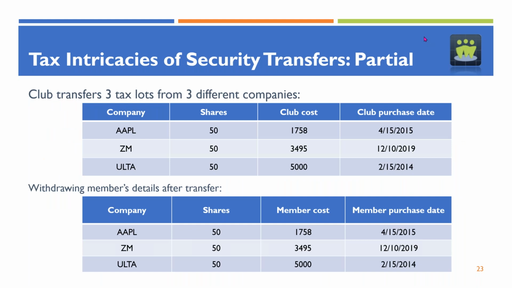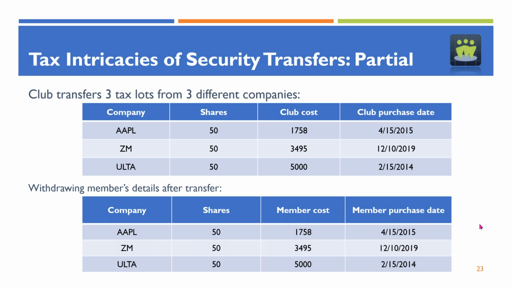So here's a quick table of security transfers for a partial withdrawal. At the top, these are the holdings of the club, and it's going to be transferring 50 shares of Apple, 50 shares of Zoom, 50 shares of Ulta. We see the club's cost and the club's purchase date.